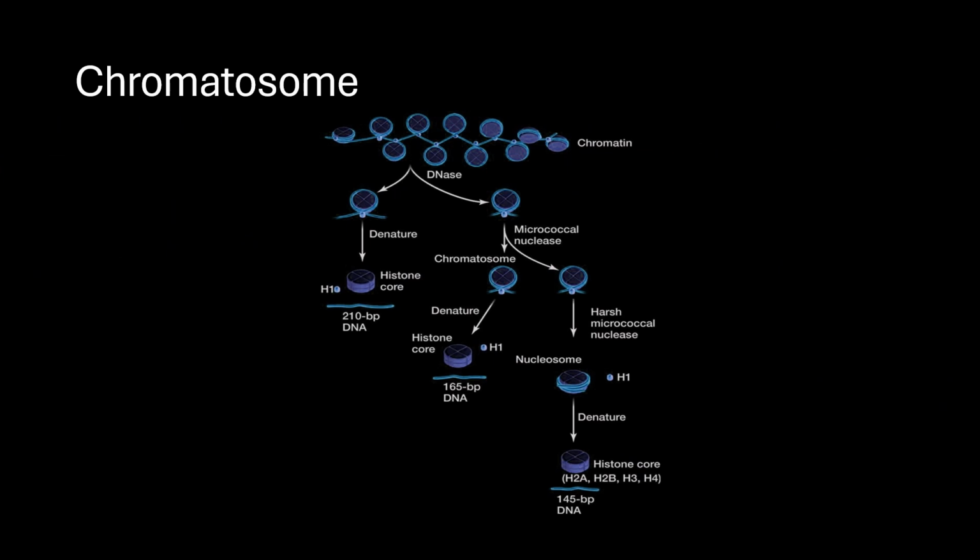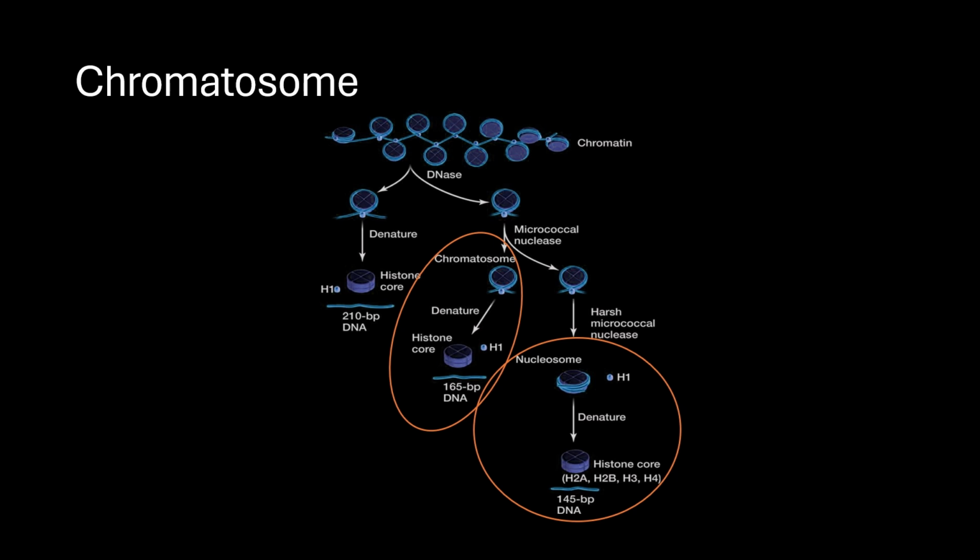It looks a bit complicated, but just focus on these parts. If you compare the denaturing process of the chromatosome and the nucleosome, you can see that the H1 protein protects these extra 20 base pairs from the denaturing process, where the DNA from the nucleosome is 145 base pairs long, while the DNA from the chromatosome is 165 base pairs long.